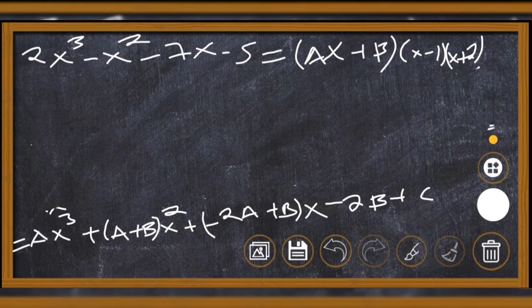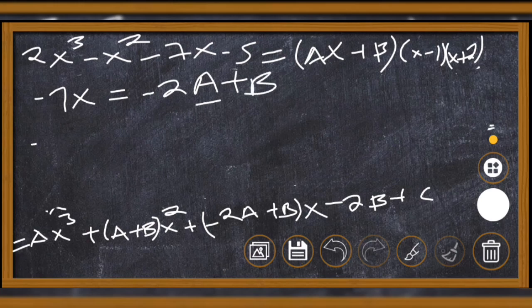Now we go to the terms which have x. The term with x is negative 2a plus b, and on the other side it's negative 7. So we would have negative 7x equals negative 2a plus b. However, we have already found the values of a and b, so this is not necessary now.